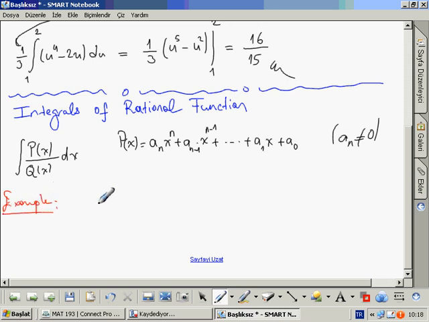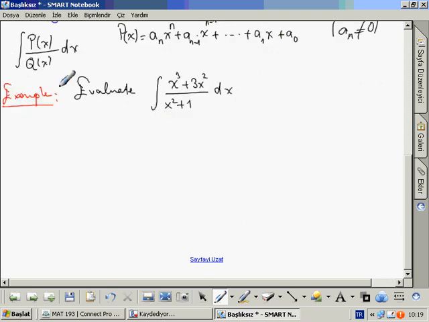For example, evaluate the integral of x cubed plus 3x squared over x squared plus 1 dx. If the numerator's degree is larger than the denominator's, you must divide them.